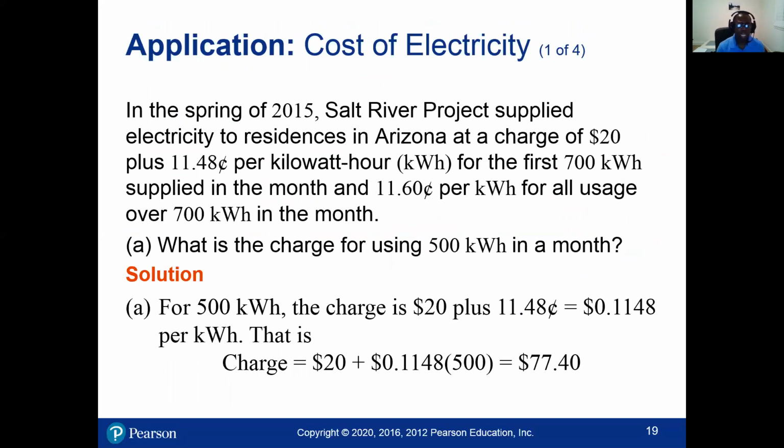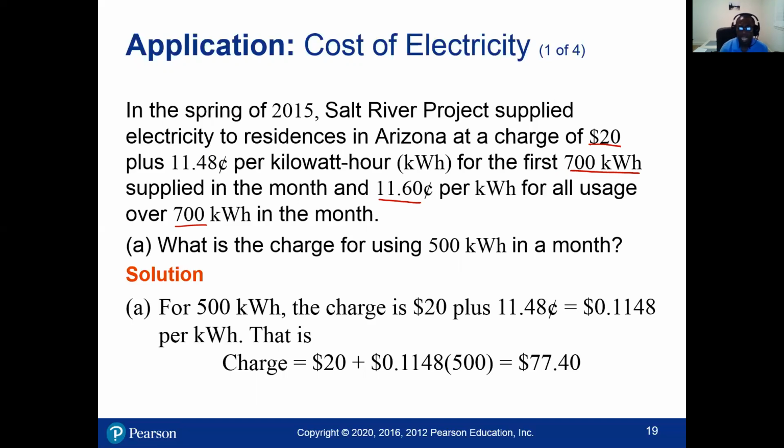In the spring of 2005, Salt River Project supplied electricity to residents in Arizona at a charge of $20, plus 11.48 cents per kilowatt hour for the first 700 kilowatt hours supplied in the month, and 11.60 cents per kilowatt hour for all usage over 700 kilowatt hours in that month.